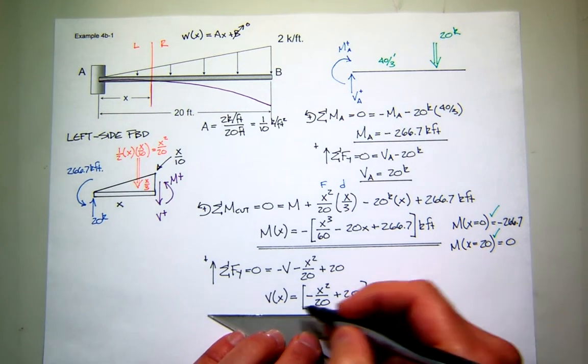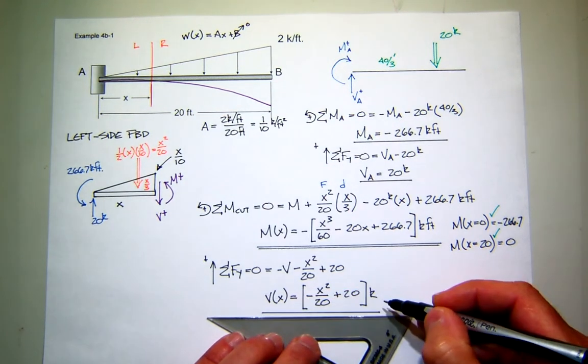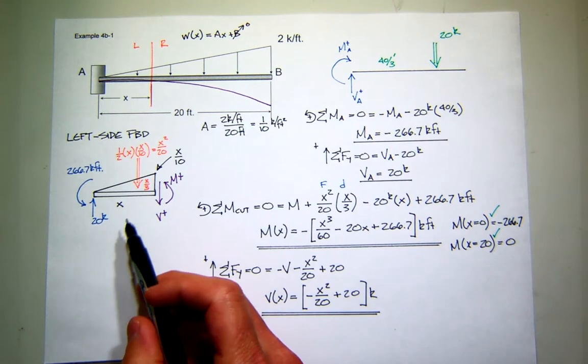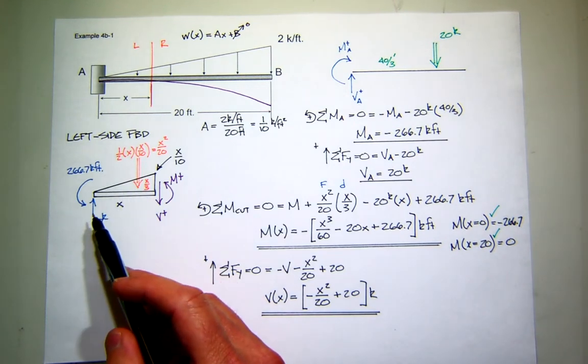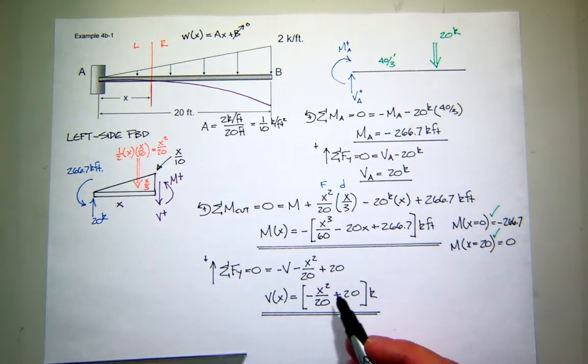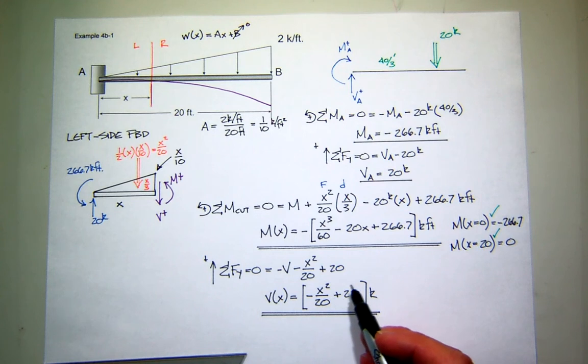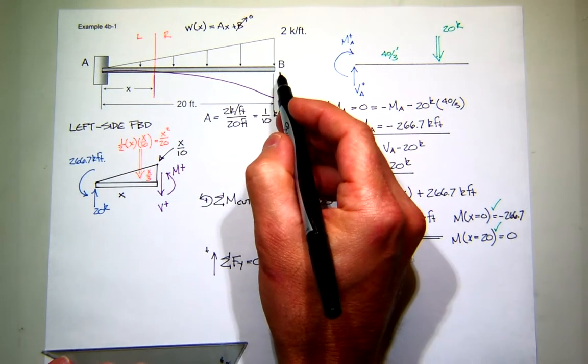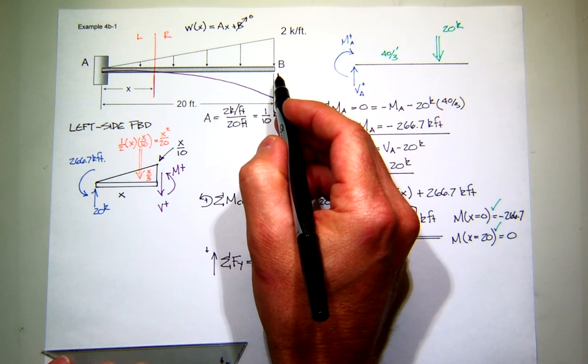Now, do we know anything about the shear force? What's the shear force when x is equal to 0? Positive 20, right? So you put in x equal to 0, what do you get? Positive 20. What do you think the shear force at the free end, at B, is? Probably 0, I would guess. There's nothing there to stop it from moving up and down.